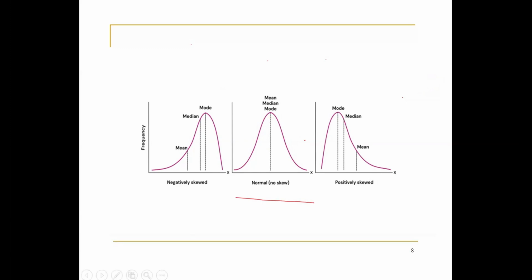Most of the employees earn around the same amount, and there are very few employees in the extremes: very few getting a higher salary, and very few getting a very low salary. So the data is normally distributed.